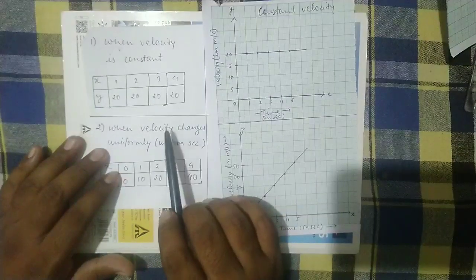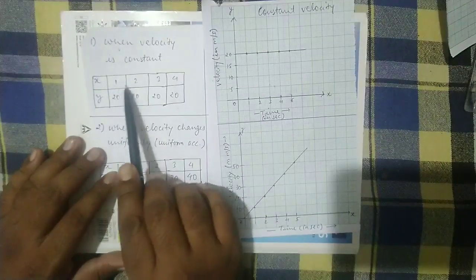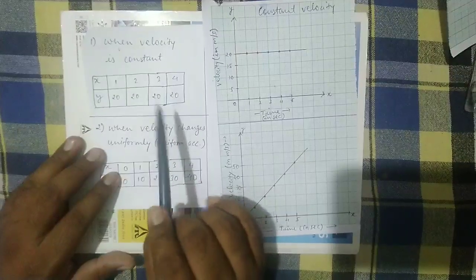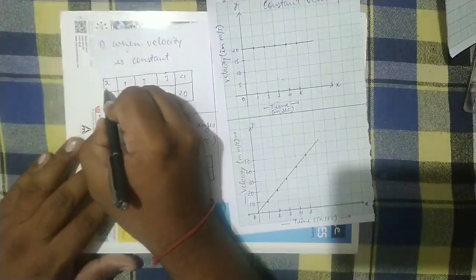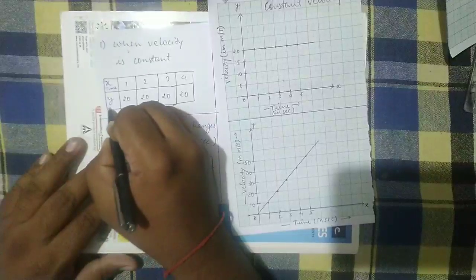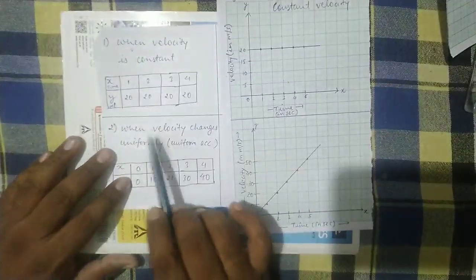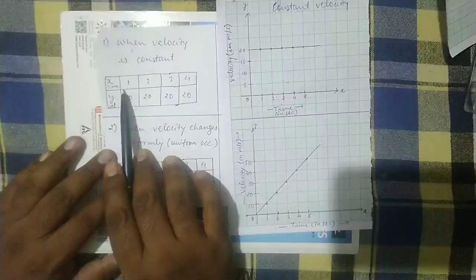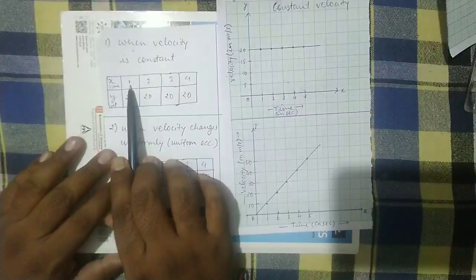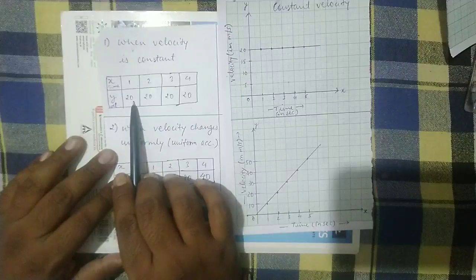When velocity is constant, this x-axis represents the time and the y-axis represents the velocity. These are in seconds. So this is the first second. For example, there is a car.